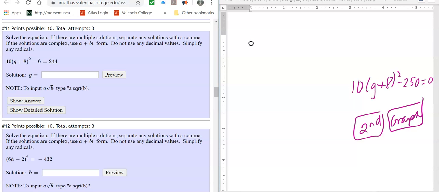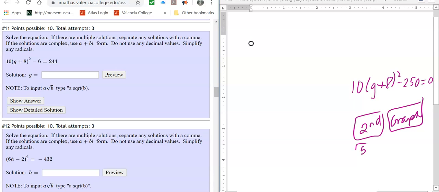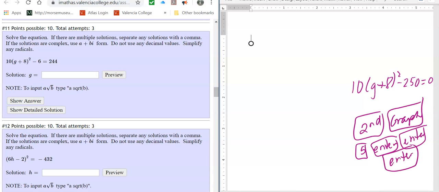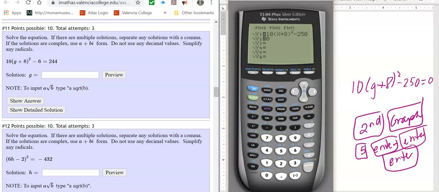Okay? So second graph, and then you're going to hit 5, and then you're going to hit enter, enter, enter, and that's going to give you the intersection. So let's do that one together. So here we go. Second graph.